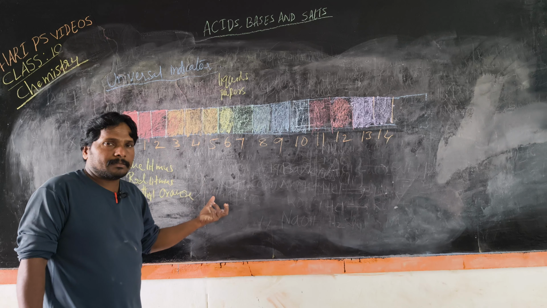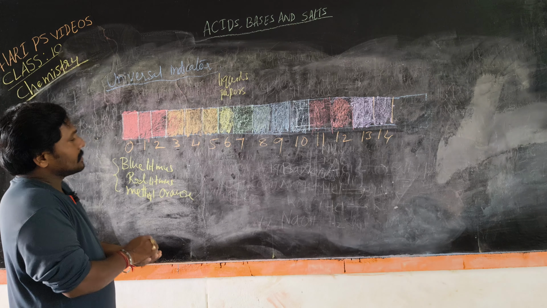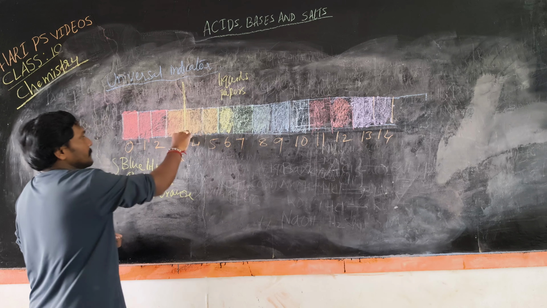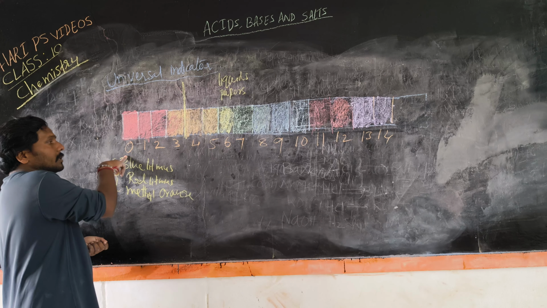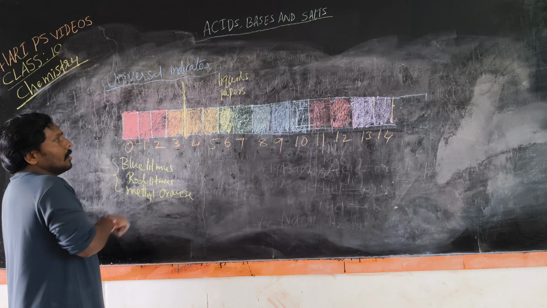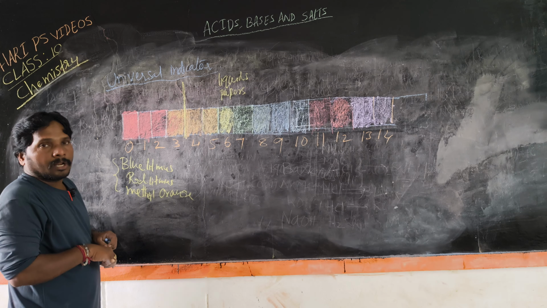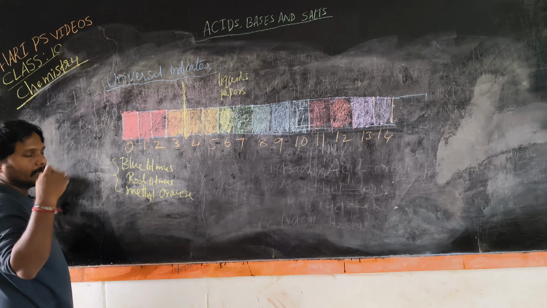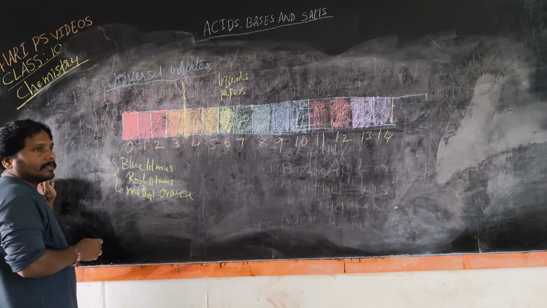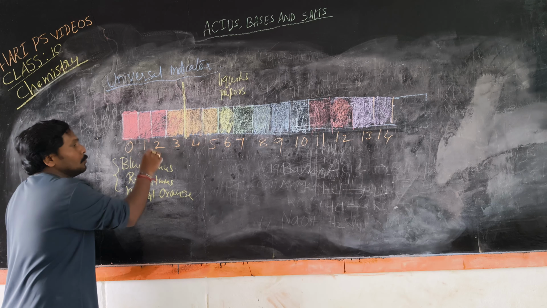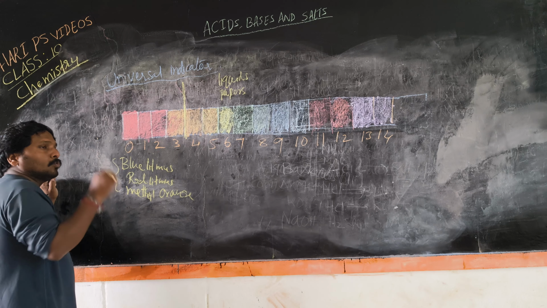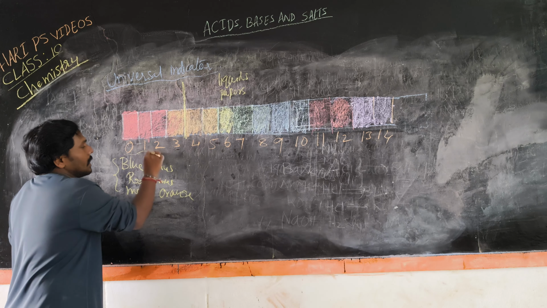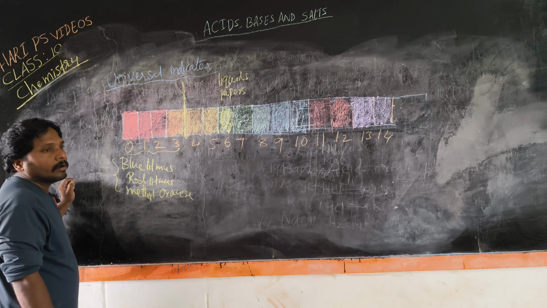If it is a strong acid, the color shows like dark red, orange red or orange yellow, because as already we discussed, the pH of the acidic solution is 0, 1, 2 or 3, and these are considered strong acids.